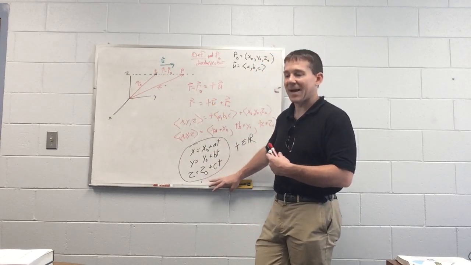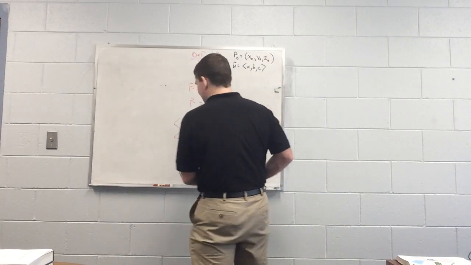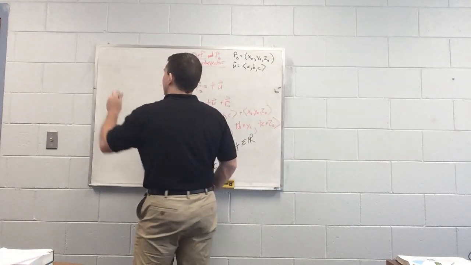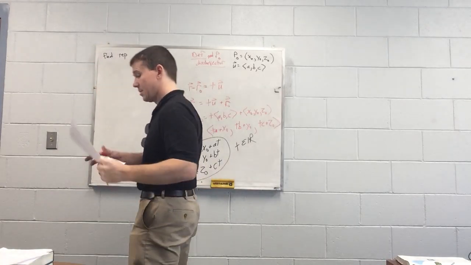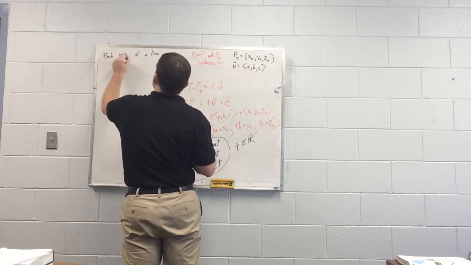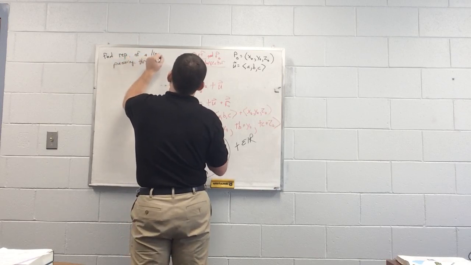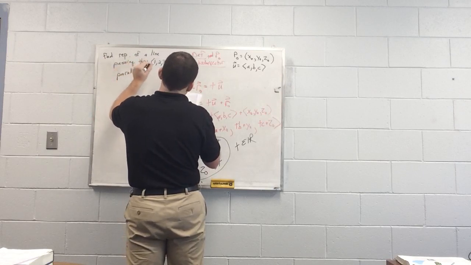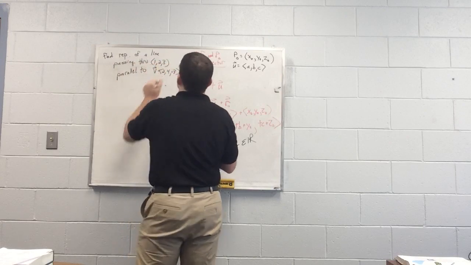Now I can use this to define lines. So, I'll leave that on the board really quickly, but right over here, suppose we have this. Find a representation of a line passing through the point 1, 2, 3, parallel to the vector v equals 2, 4, negative 3.